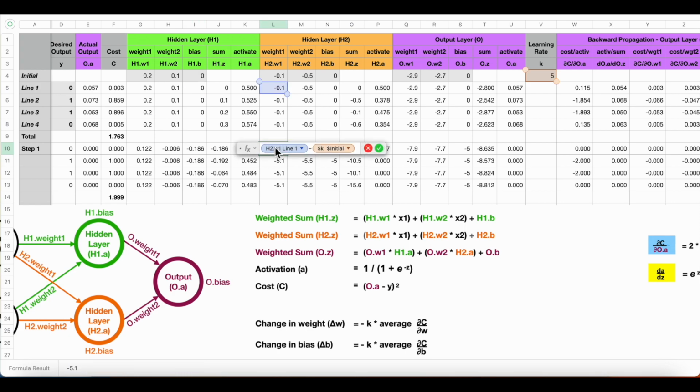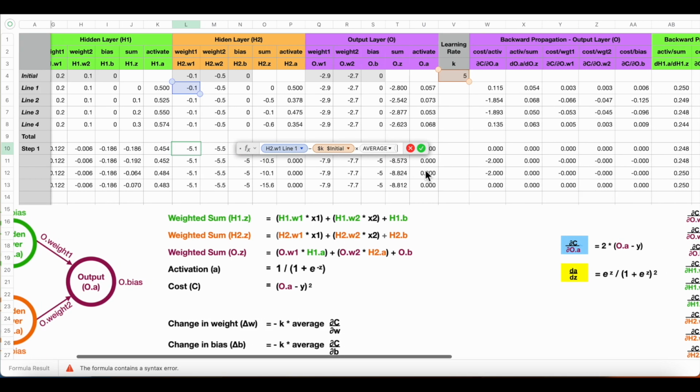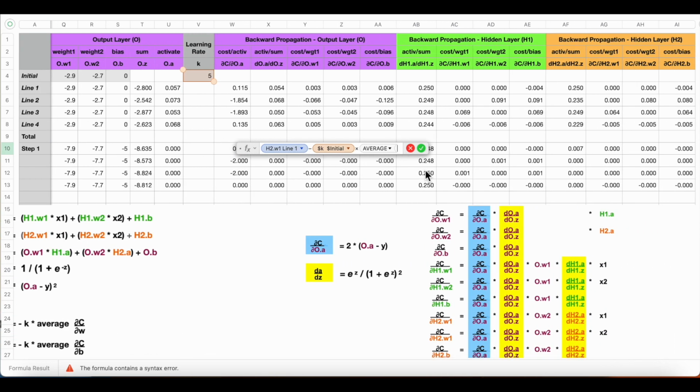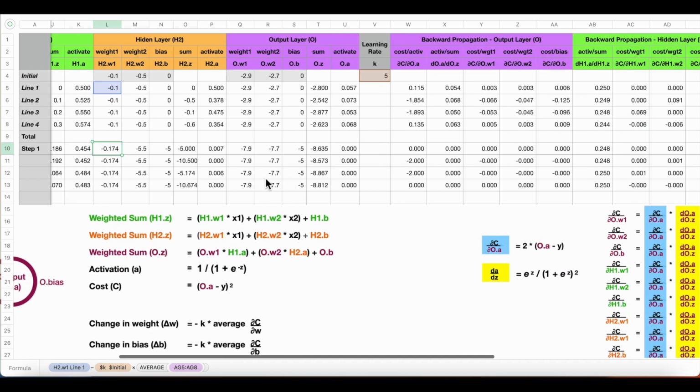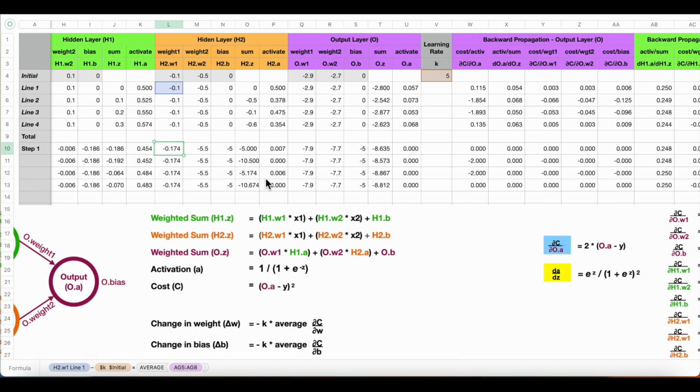And we want to do the same thing for H2. And in this case, we want to take the partial derivative of the cost with respect to H2 weight 1. And copy and paste that.